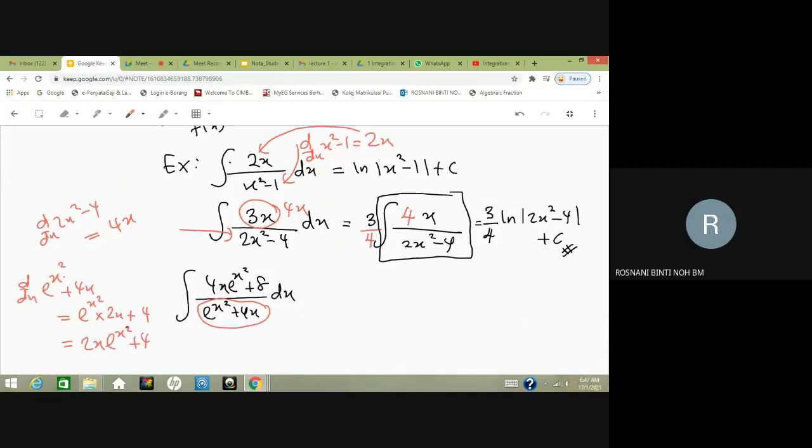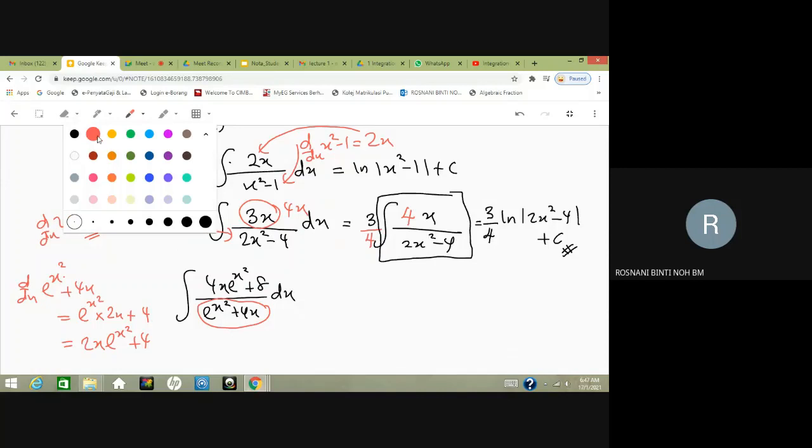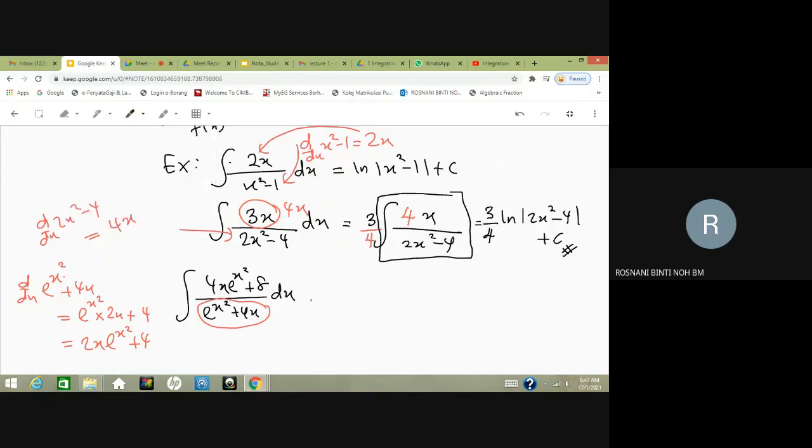So compare what we have here with our numerator. We can see that our numerator is 2 times this one, so we can modify our numerator. Let's factorize 2 from your numerator. Now your numerator becomes 2 times (2x e^(x squared) plus 4), divided by e^(x squared) plus 4x.